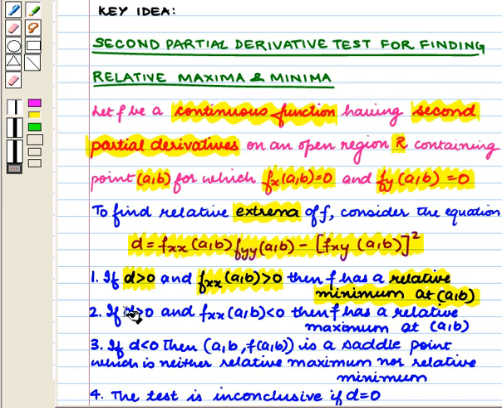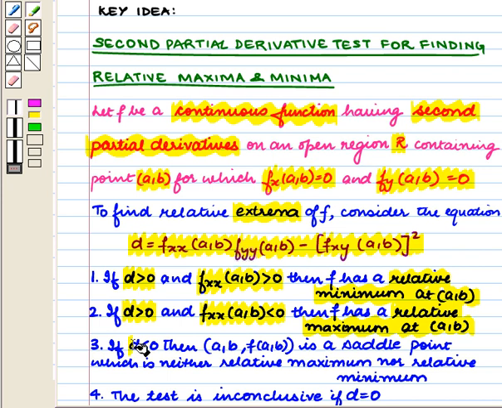Also, if D is greater than 0 and f sub double x at AB is less than 0, then f has a relative maximum at AB.